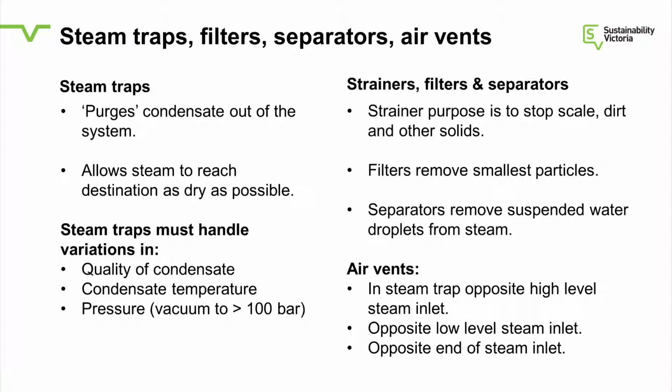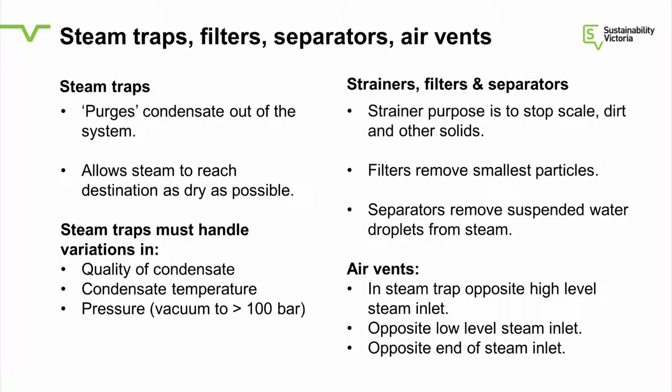Steam filters and separators, don't underrate the value of those, because even though we try to keep the condensate and the steam as high a quality as possible, you always have some sort of dirt and impurities in it, so you need to filter and have good strainers in the lines. Air vents, as I said before, if your pipe's half full of air, it can't work effectively. So a little air vent is just like a thermostat that allows the air to vent, but not the steam.